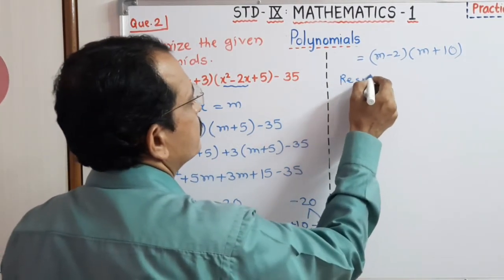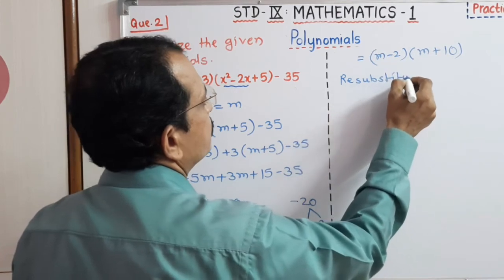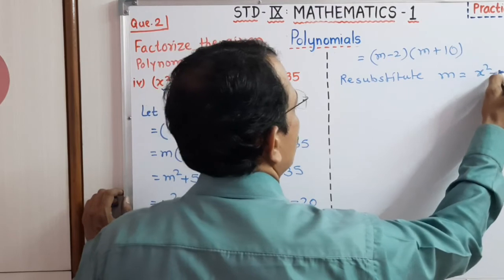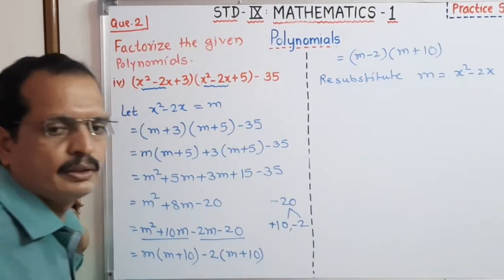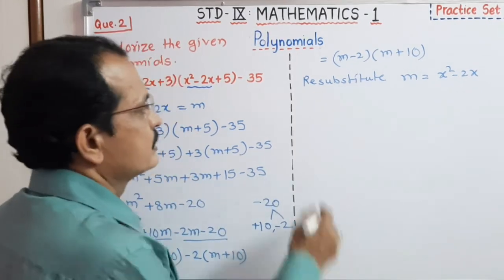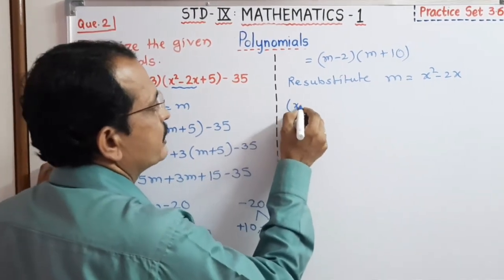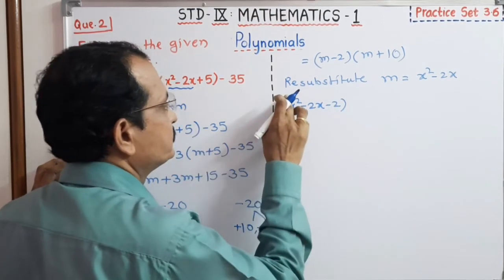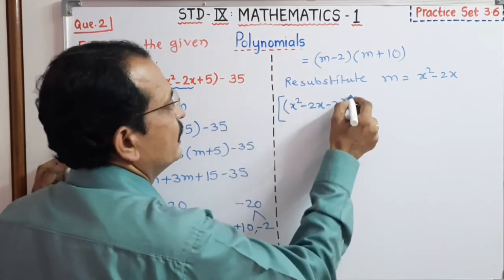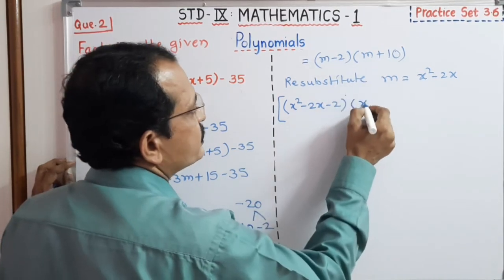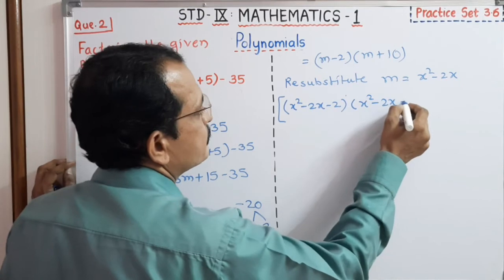Resubstitute. m is equal to x square minus 2x. Instead of this m, we have to replace x square minus 2x. Therefore, x square minus 2x minus 2 and x square minus 2x plus 10.